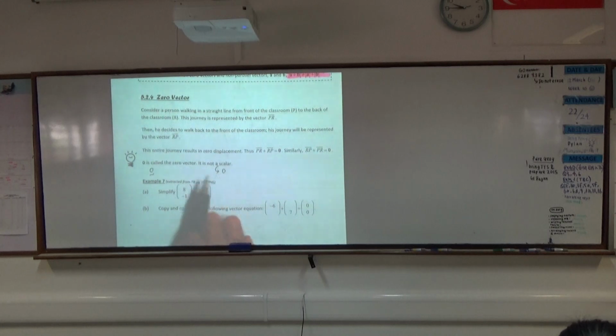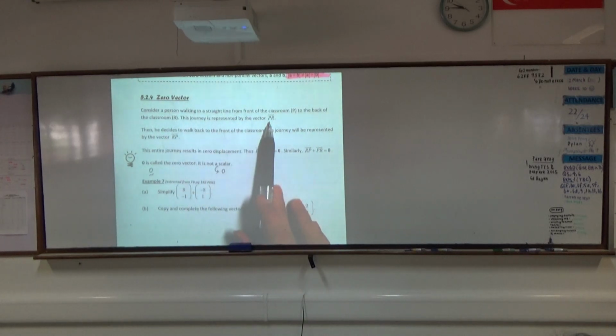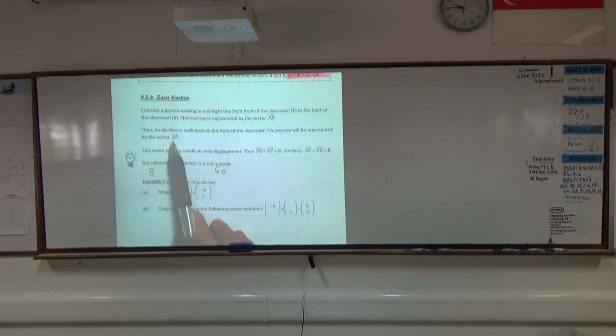So what exactly is a zero vector? For instance, consider a person walking in a straight line from the front of the classroom to the back of the classroom. This journey, if I call it PR, and then the person walks from the back to the front, that will be the vector RP.